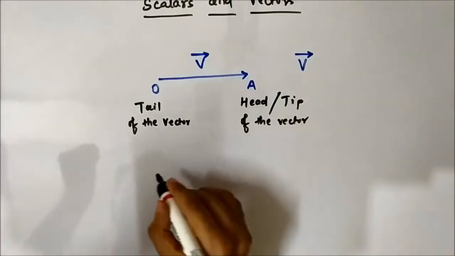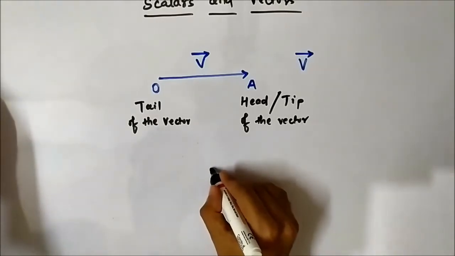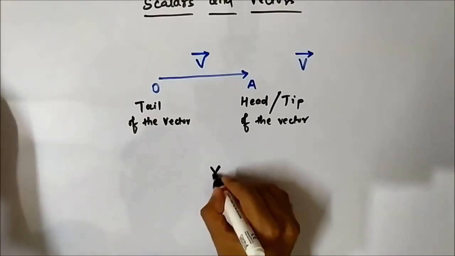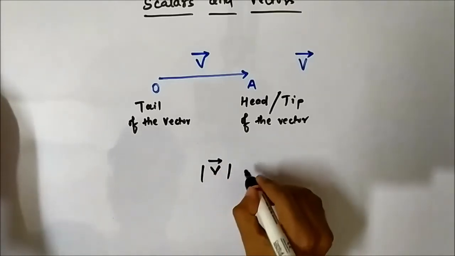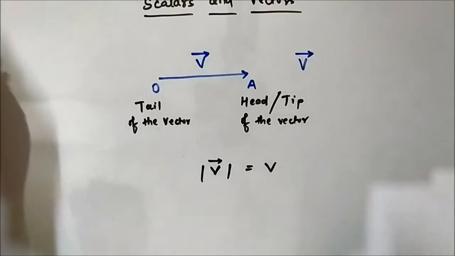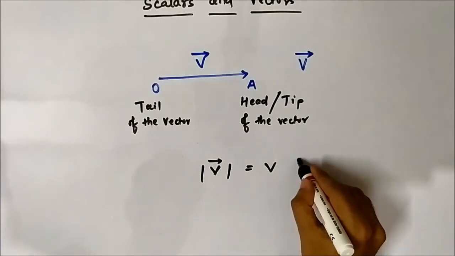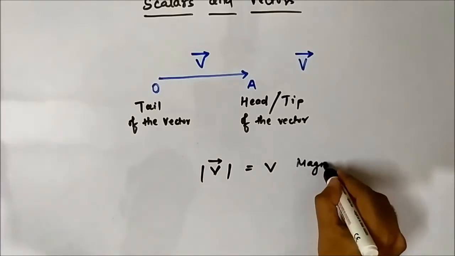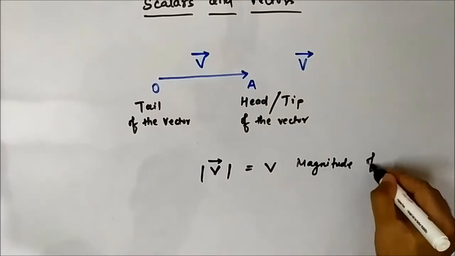The magnitude of the vector quantity is represented by taking the modulus of this v. We take the modulus and it is just represented like that. So this is the magnitude of the vector quantity.